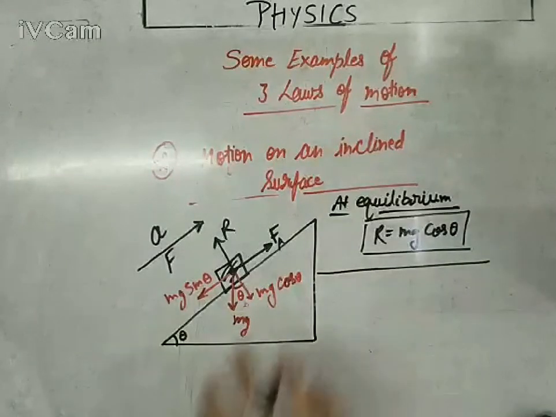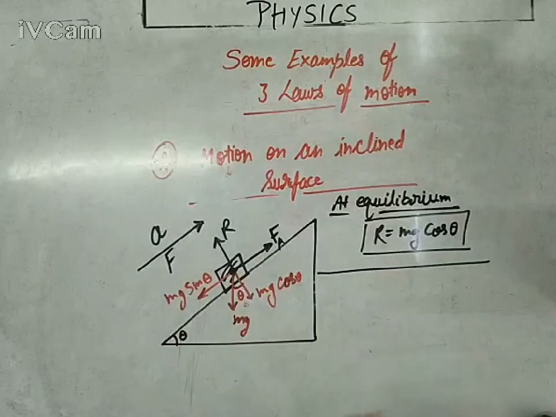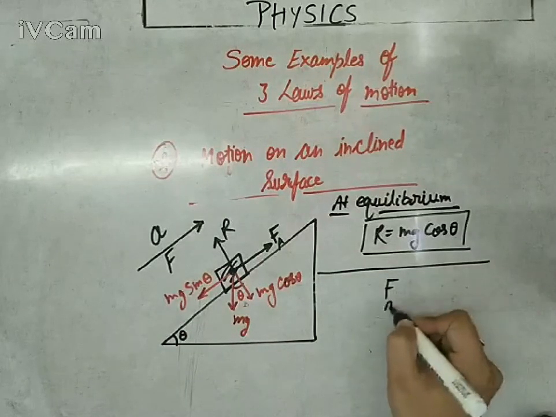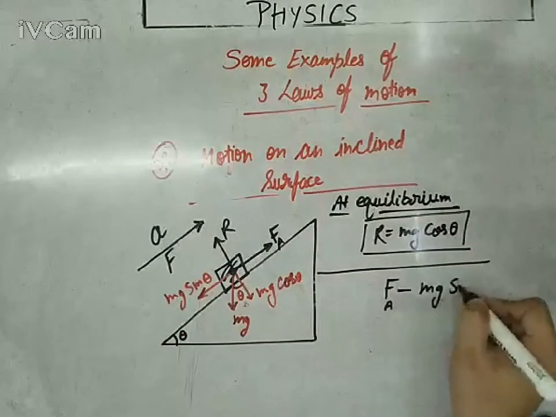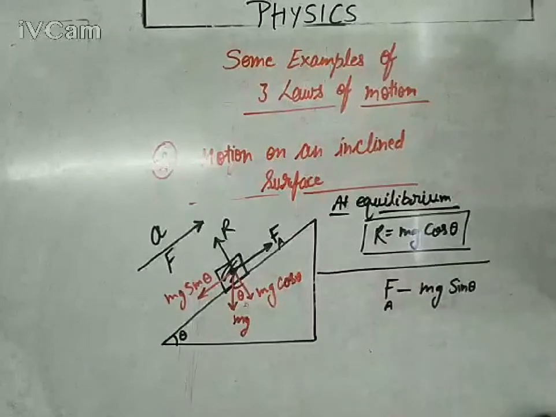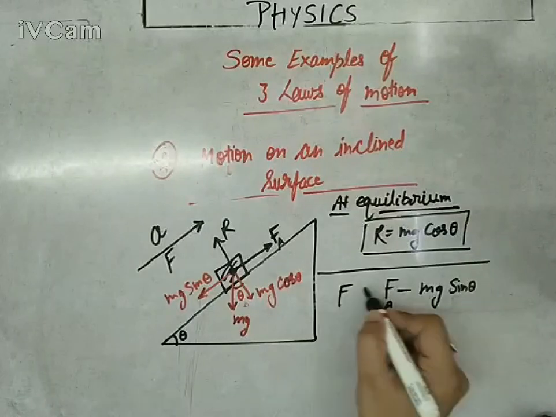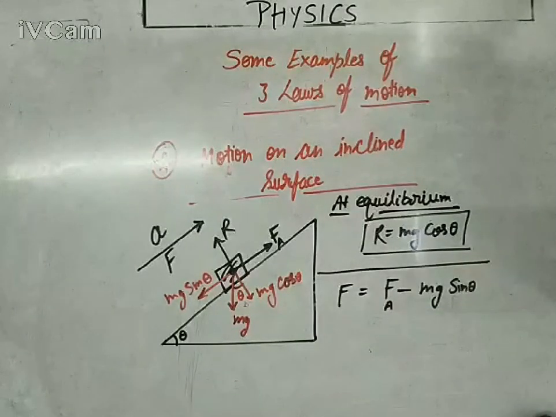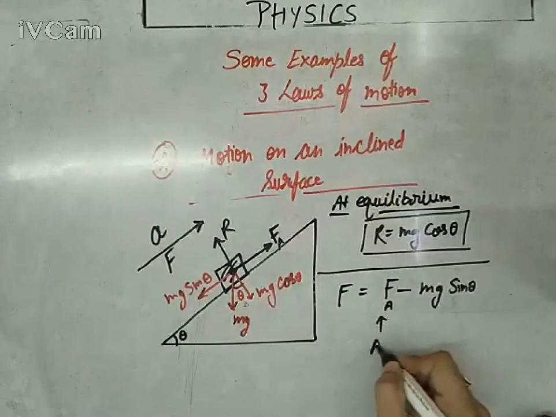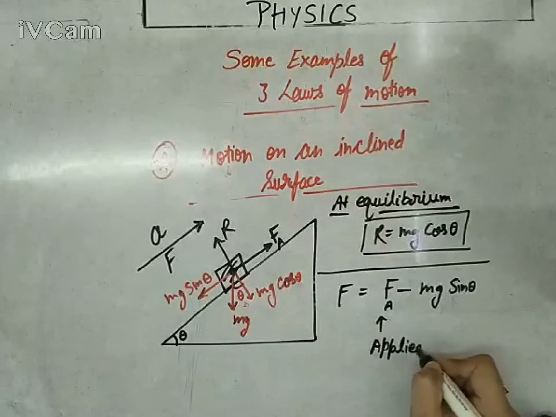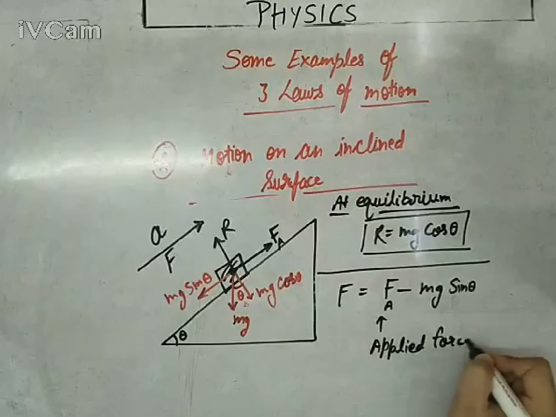It means Fa is greater than mg sin theta, and the total effective force in this situation is Fa minus mg sin theta. This is the total effective force, and according to us that effective force is F. So F must be equal to Fa minus mg sin theta. Keep this in mind. Fa is the applied force, externally applied force.